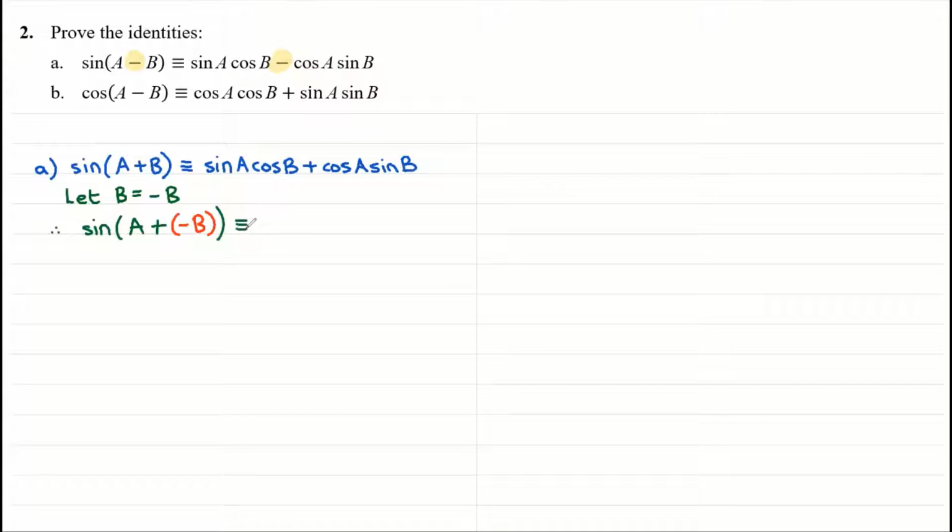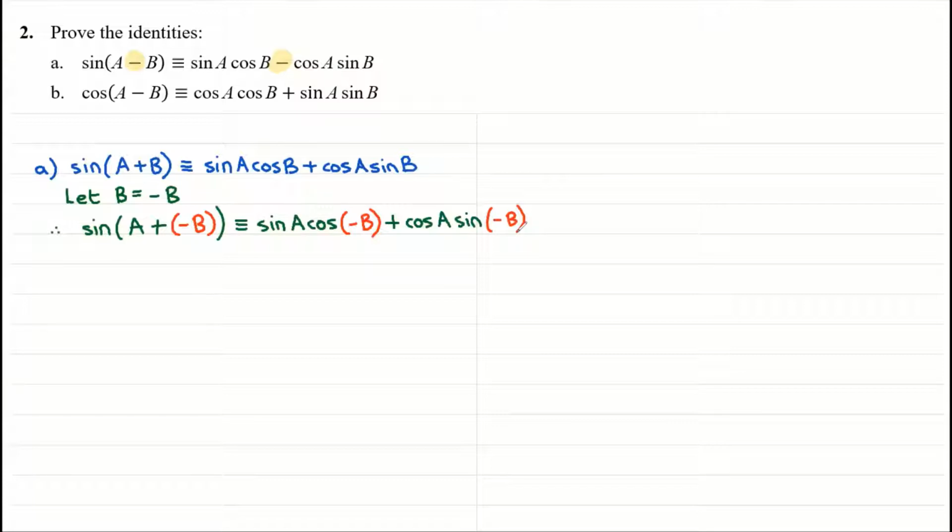And if I substitute negative b in instead of b on the right-hand side, we're going to get this. We're going to have the sine of a multiplied by the cosine of negative b, and then add the cosine of a multiplied by the sine again of negative b, like that.